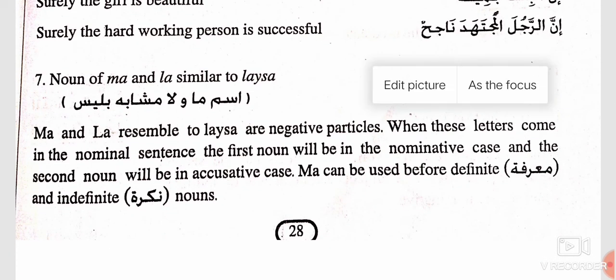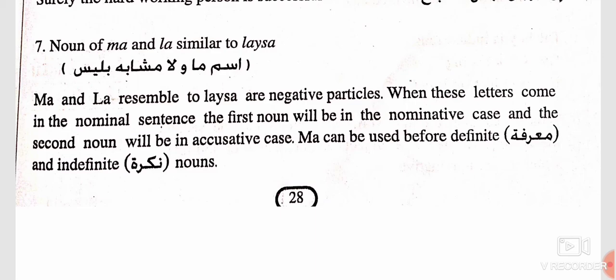The seventh one is the noun of ma and la similar to laysa. Ismu ma wa la mushabahatayn bilaysa. So there are ma and la which are similar to laysa. Ma and la resembling laysa are negative particles.